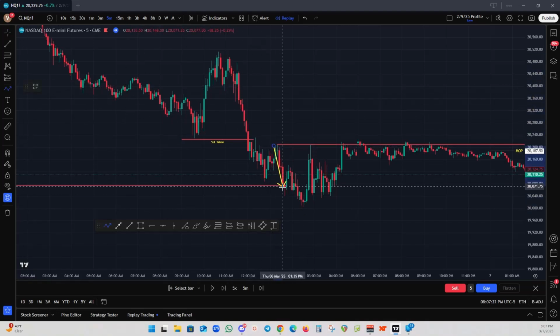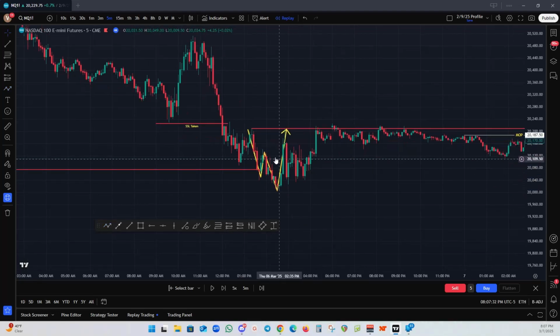It came down, formed a lower high, lower low, came up, and broke above this previous high, pretty much a break in the trend. And then this is where you can see my pattern that I showed y'all play out.